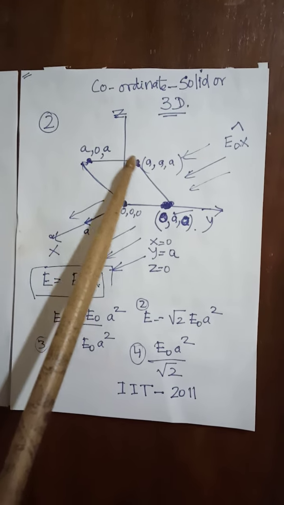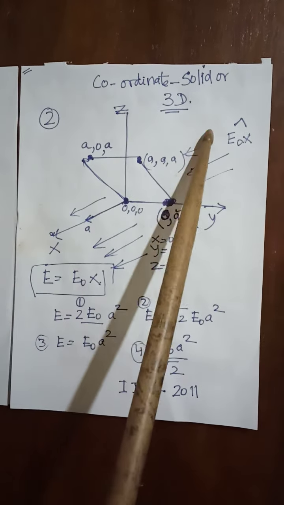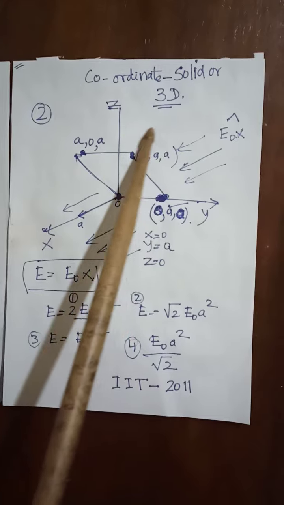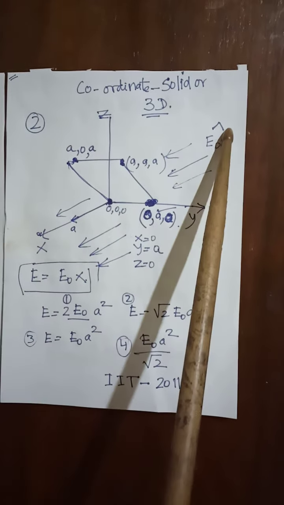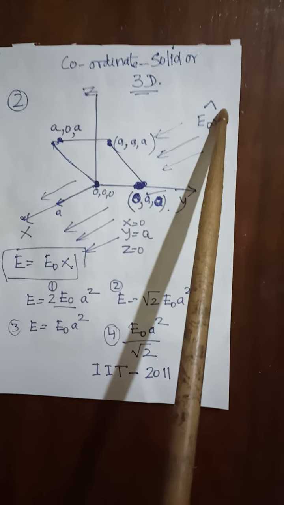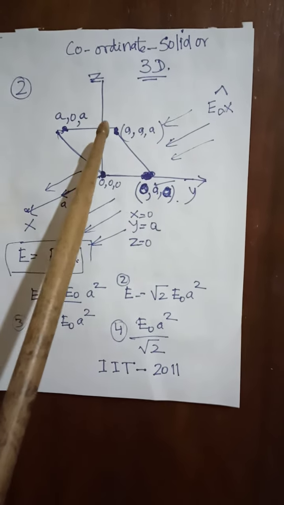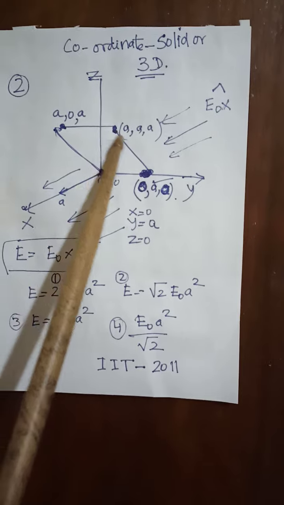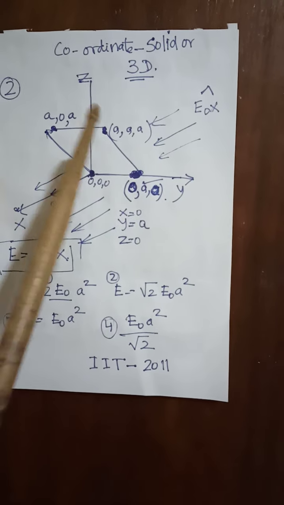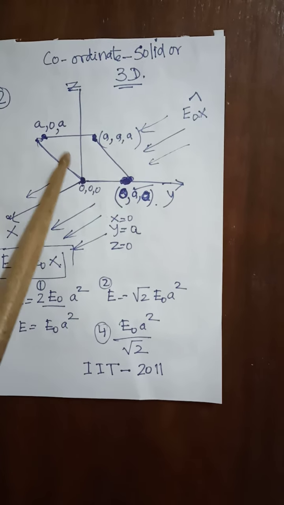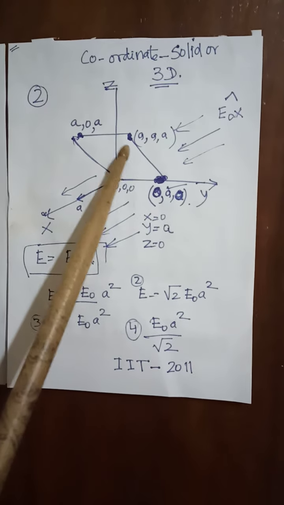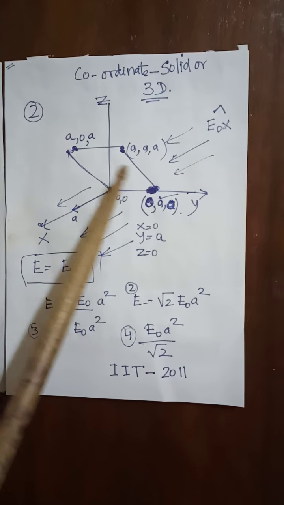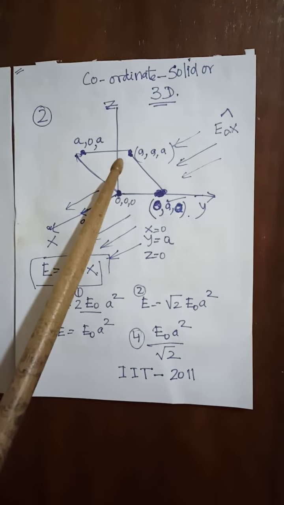A into a will be a square if it is on the YZ plane, and then the flux will be E0 into a square. But this is inclined. When it is inclined, as I have told you in trigonometry, the projection is not a square. It will be less than a square. Remember that, so you'll not make a mistake.